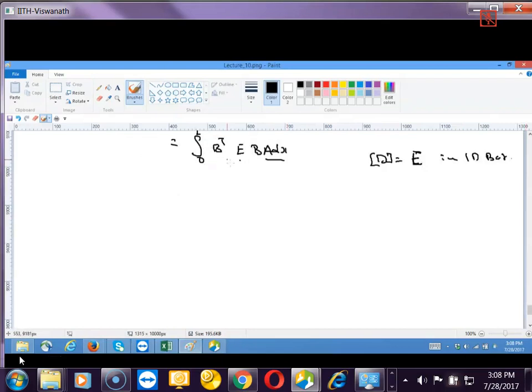And since our B transpose, just as I defined earlier, is nothing but dNA by dx, dNB by dx transpose, I'm bringing A here, AE, dNA dNB dx.